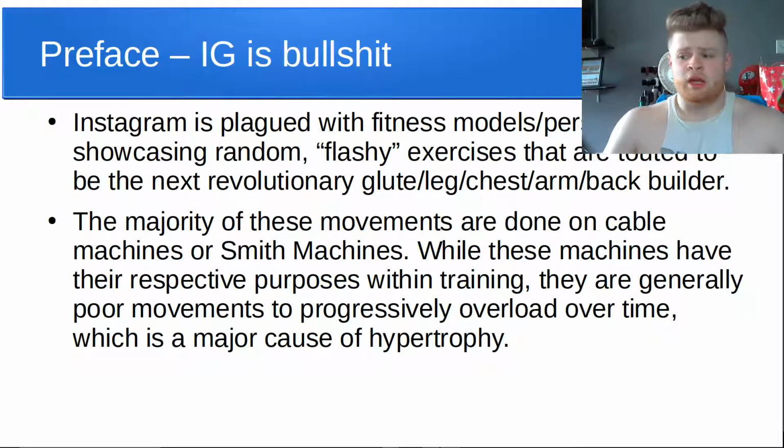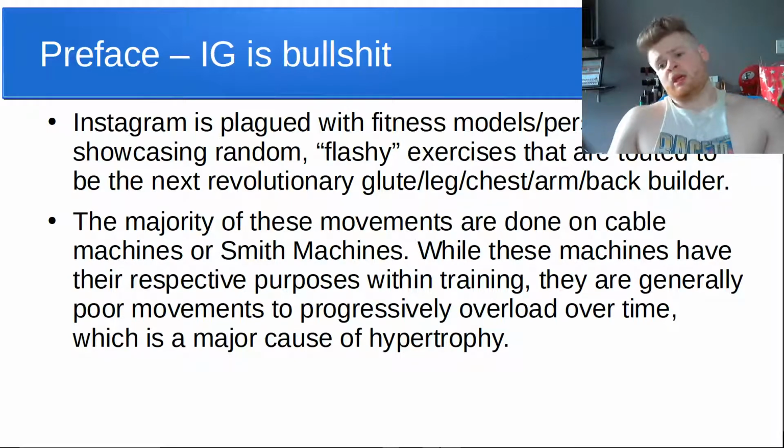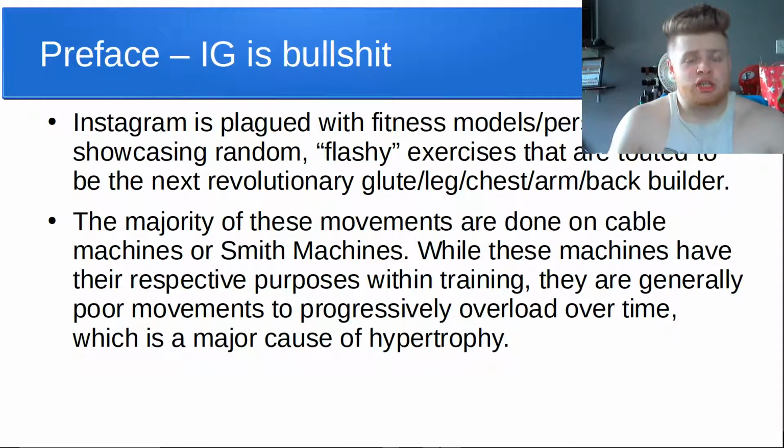Women doing glute exercises on the Smith machine or on the cable machine, the jungle gym. While these machines, the Smith machine and the cable rack, do have their respective purpose within training, for the most part, they're generally poor movements to progressively overload on over time. And progressive overload over time is one of, if not the major contributors to muscle hypertrophy and growth.